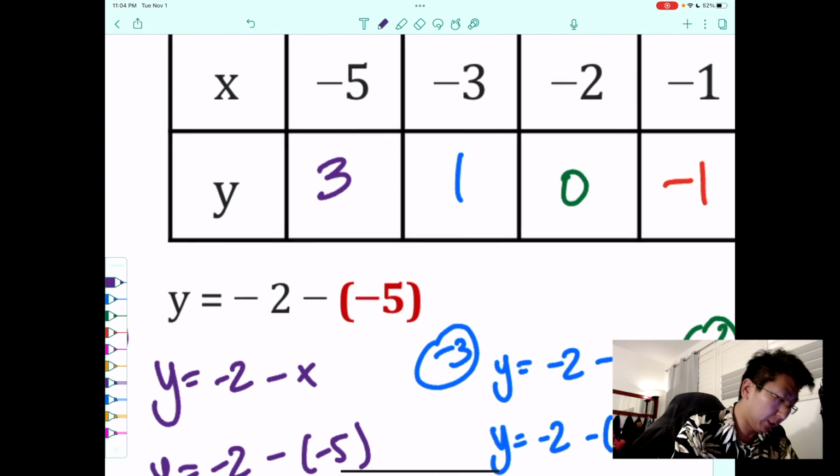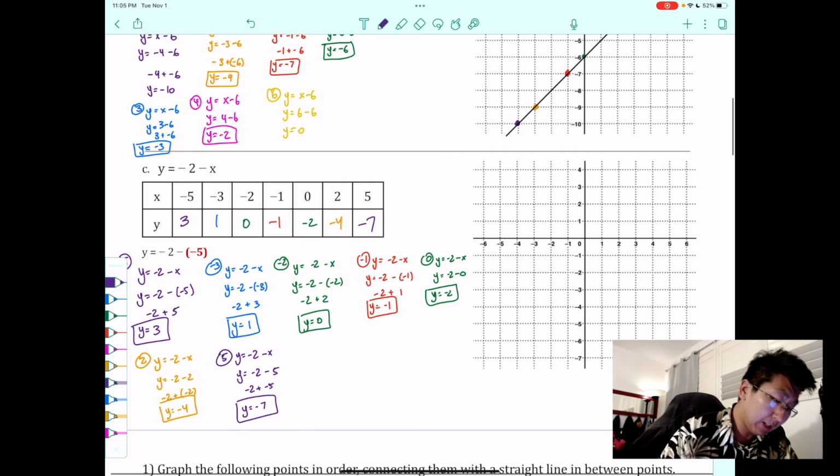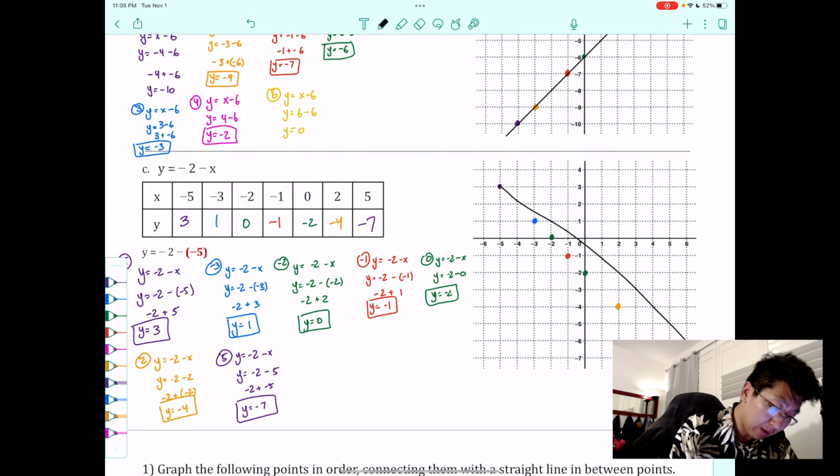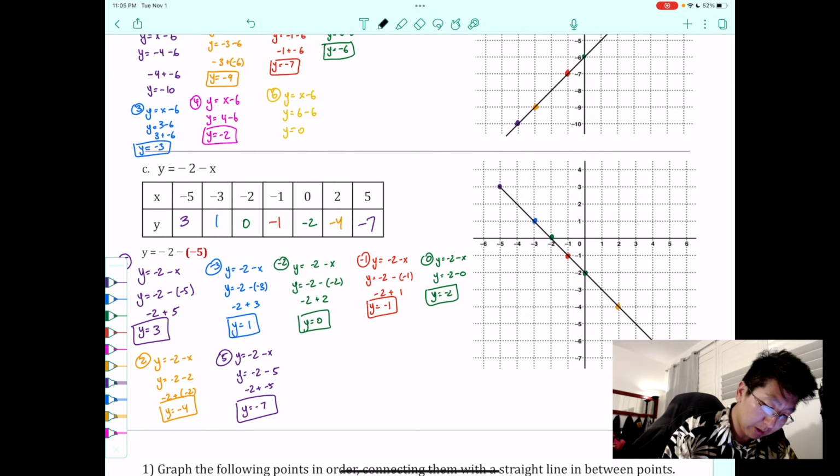Go ahead and plot these points. -5, 3. -3, 1. -2, 0. -1, -1. 0, -2. 2, -4. 5, -7. Draw my line. They should create a straight line. Voila.